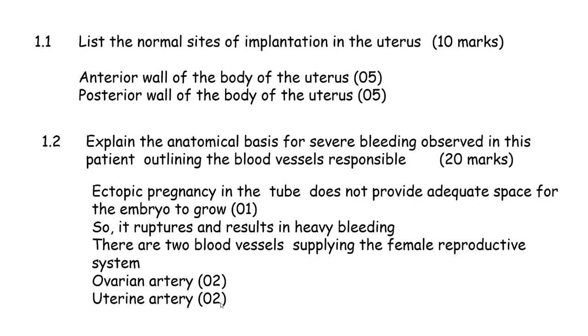Always remember when you come across a question like this, you have to write about ovarian artery and uterine artery, a little bit of detail later. But before that, you just highlight these two. Then it is easier for the examiner to give you marks, right? So you say there are 2 blood vessels supplying the female reproductive system, ovarian artery and uterine artery, right?